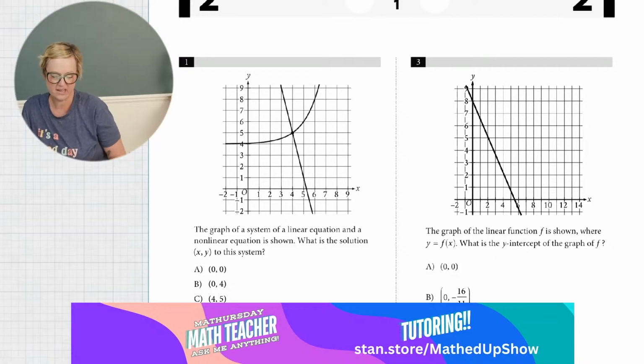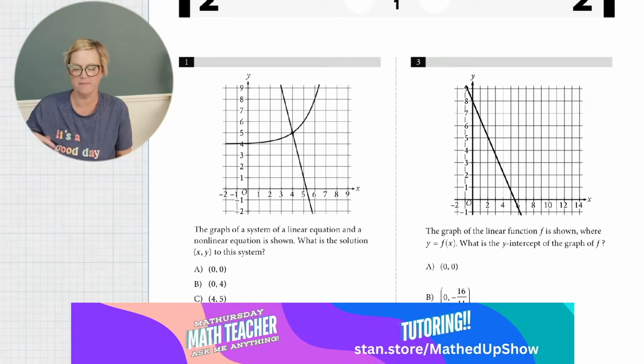So go ahead and take a look at this graph and let me know in the comments what you think about it.